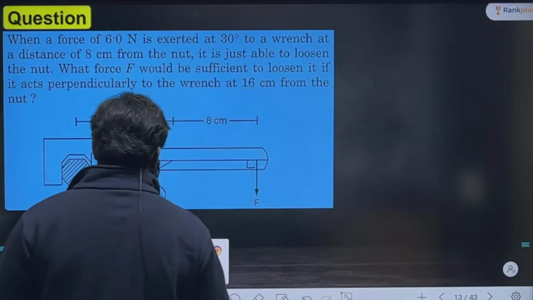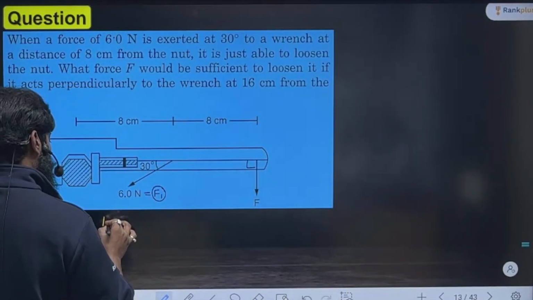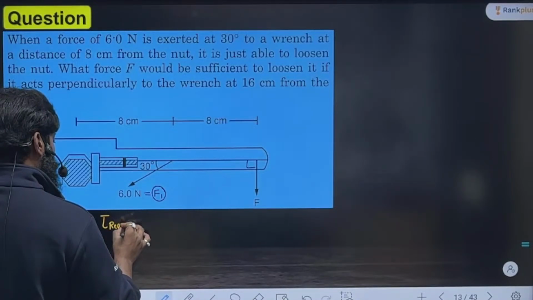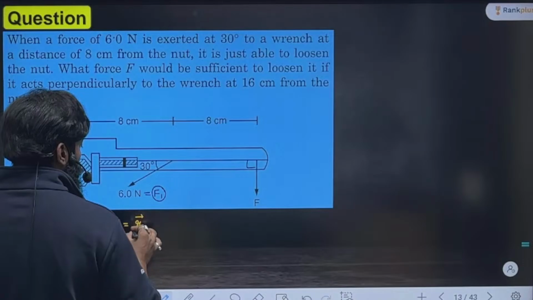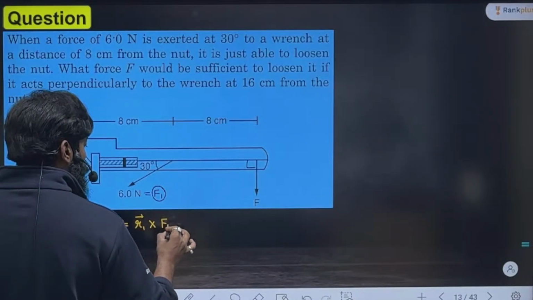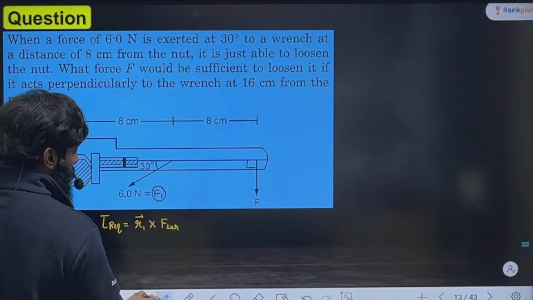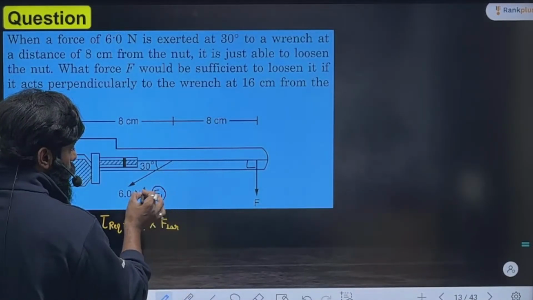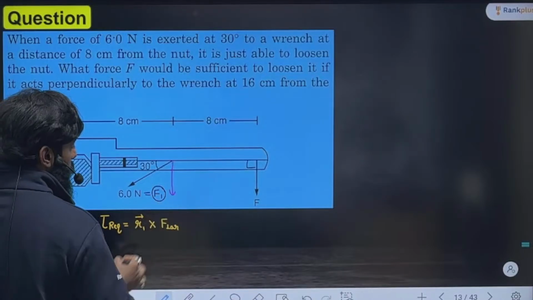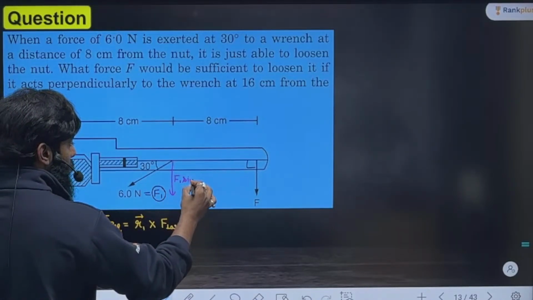So I could write here, torque required is equal to R1 multiplied by the perpendicular force. To get the perpendicular force, I have to resolve this force into this component, which is F sine 30°.